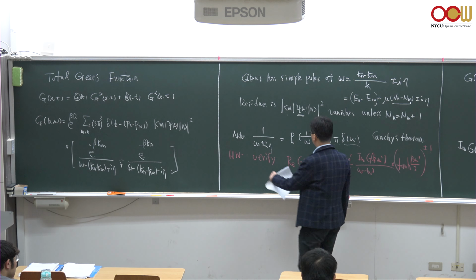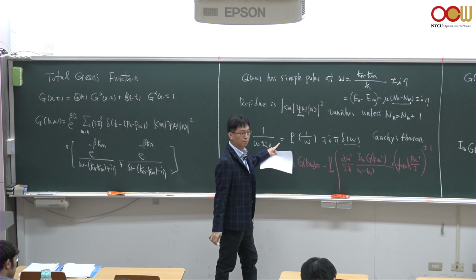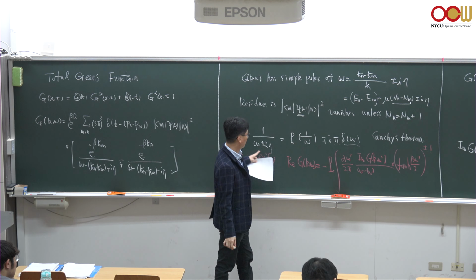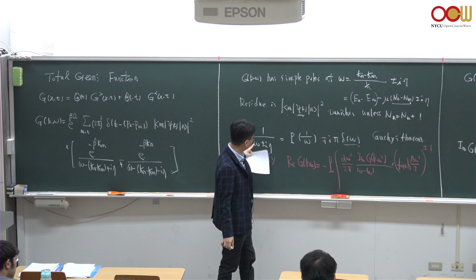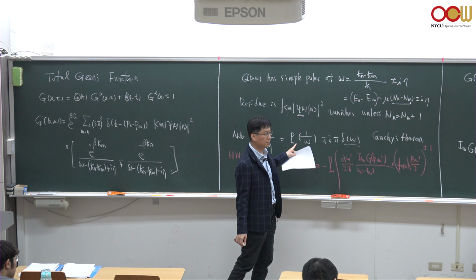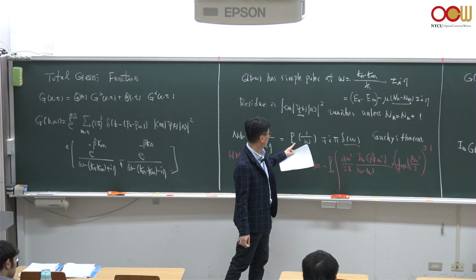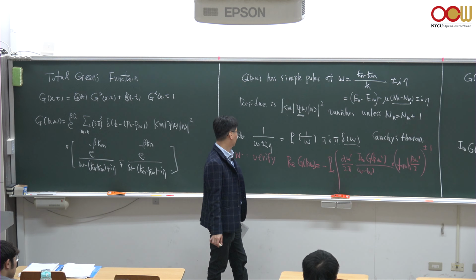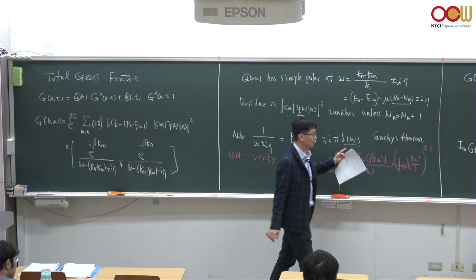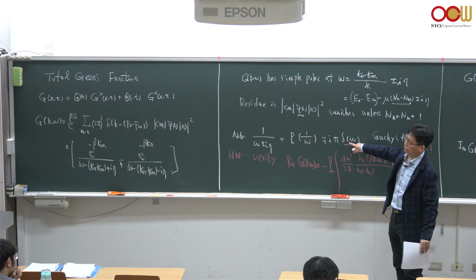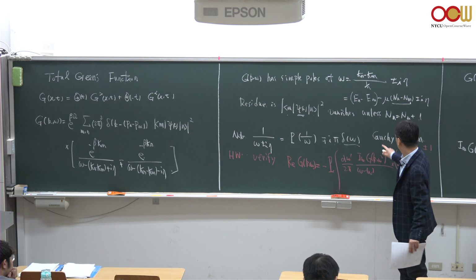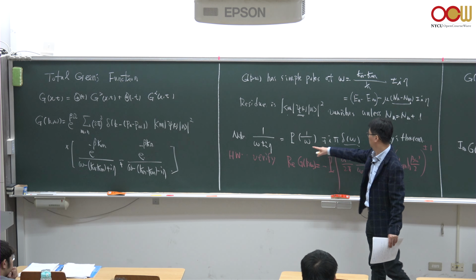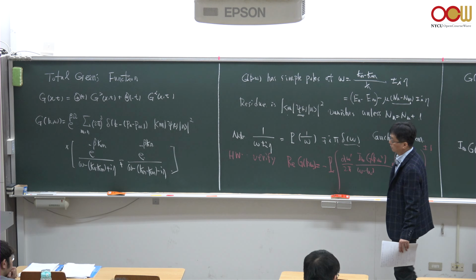Cauchy's principal value theorem allows us to decompose this 1 over simple pole energy denominator in terms of the principal value integral, which is the real part, and the imaginary part, which shows the delta function. So you could go back to your applied maths and look for the Cauchy theorem, and you know that this is the identity.